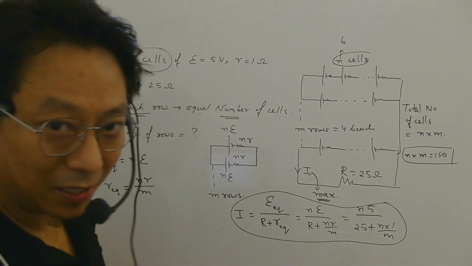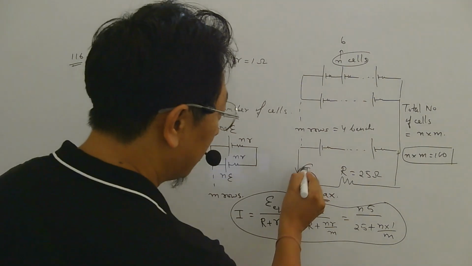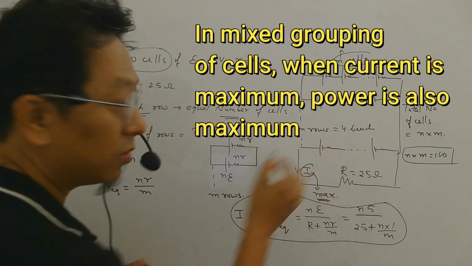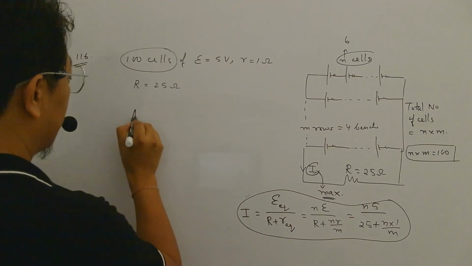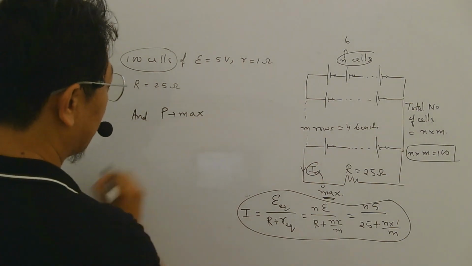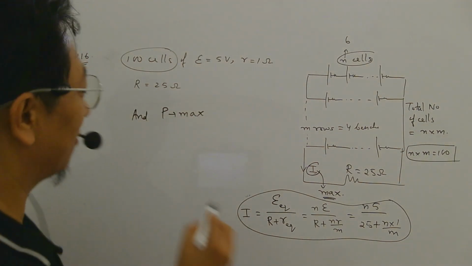So this question is incomplete, but usually what they will say is the current flowing here is maximum. And if that happens, the power consumed here will also be maximum, right? And for power consumed to be maximum, what was the condition according to the maximum power transfer theorem?